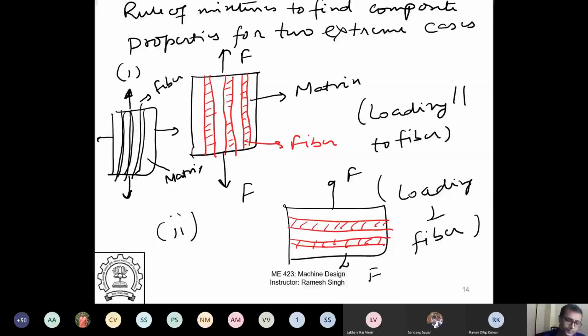I said we'll evaluate how we can get the properties of the composite from its constituents. Okay, let's do this, right?